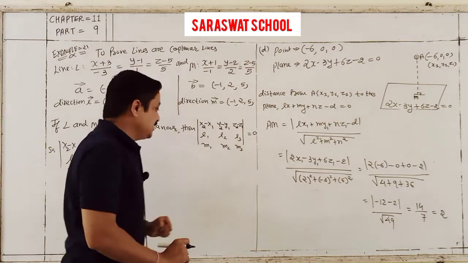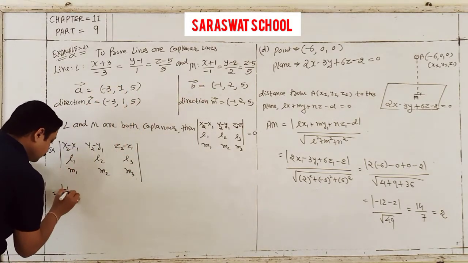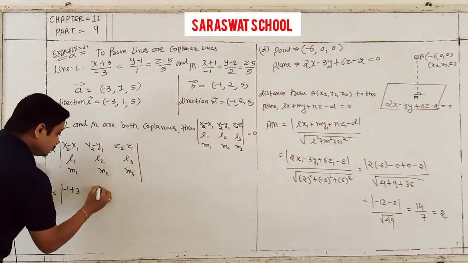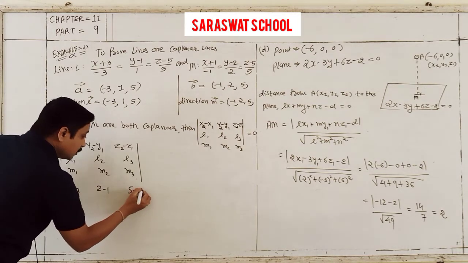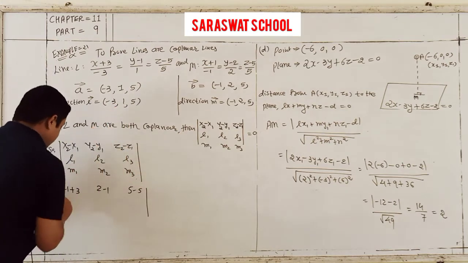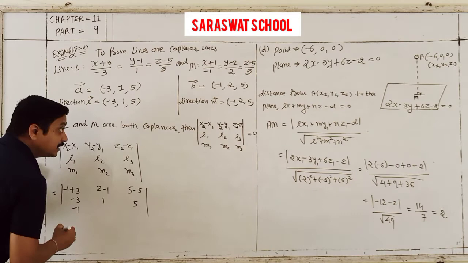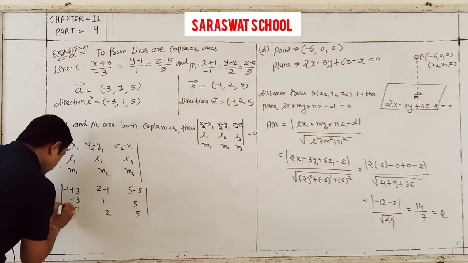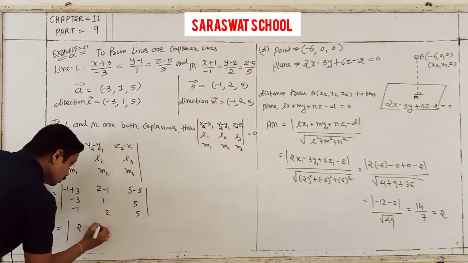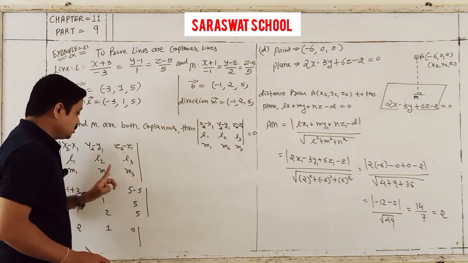Answer is 0. So x2 minus x1 means minus 1 minus 3, it means plus 3; 2 minus 1; and 5 minus 5. Now students, l1 l2 l3 means minus 3, 1, 5 and last minus 1, 2, 5, and you create your answer. It is 2, 1, 0, 2, 1, 0.